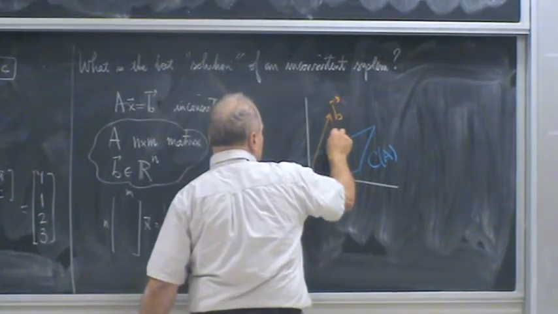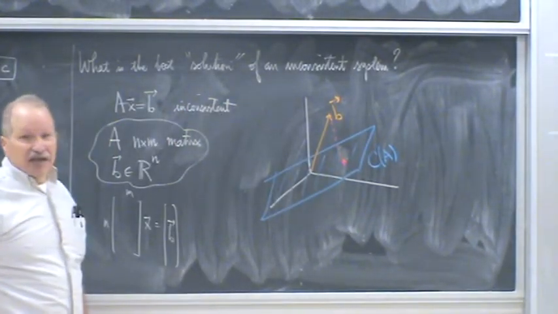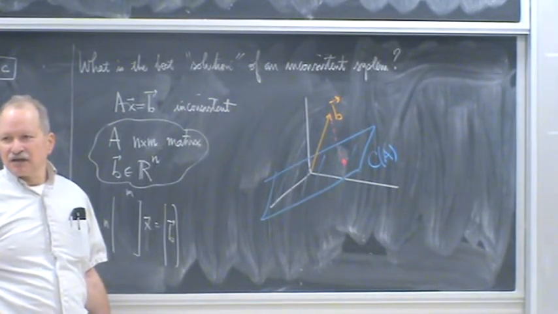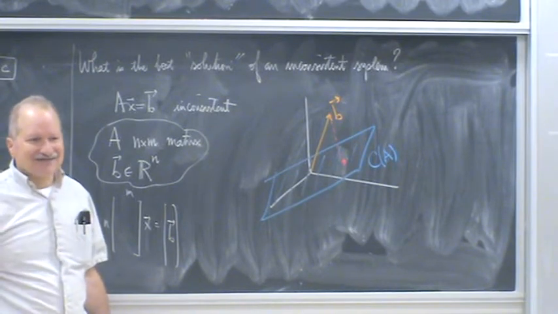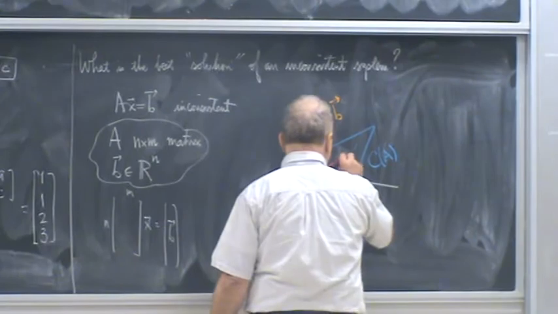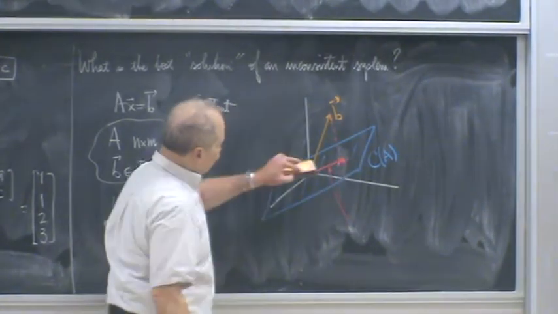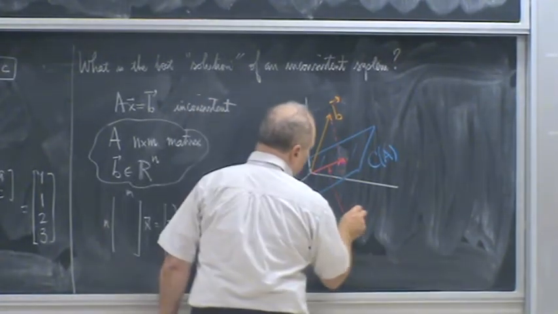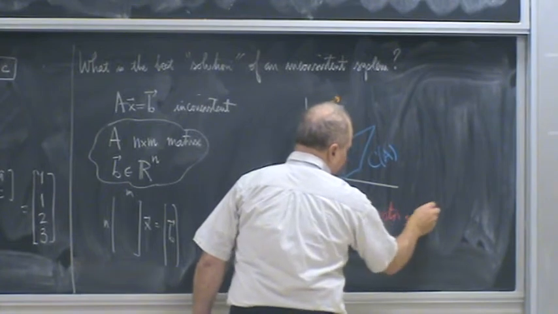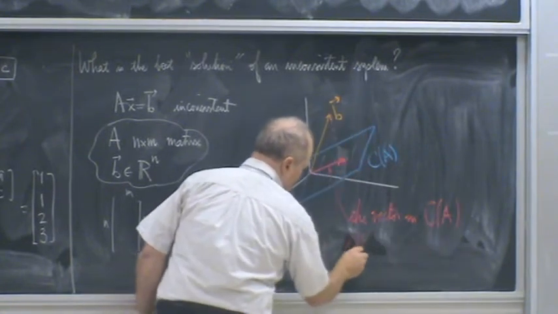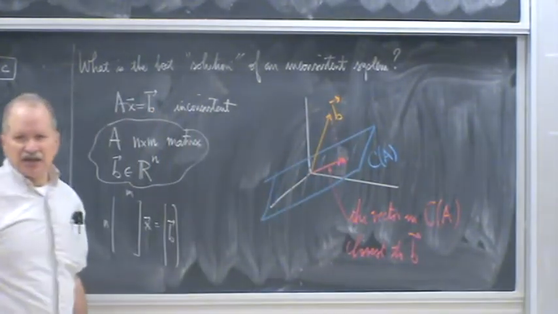We should find the point in the column space that is closest to B. That vector in the column space that's closest to B is what we call the projection of B into that subspace.